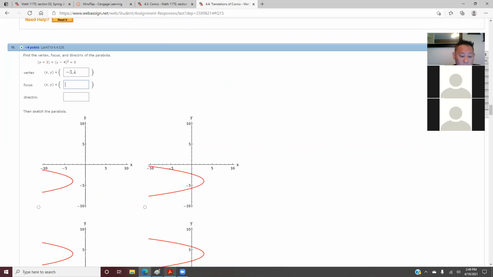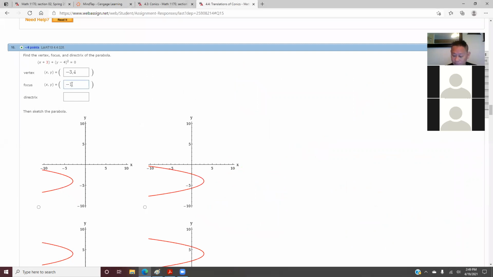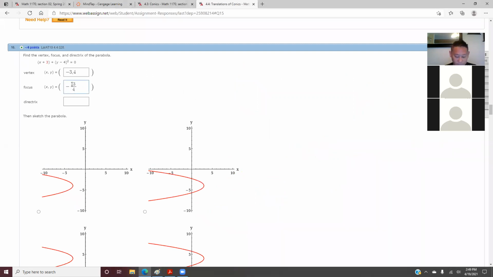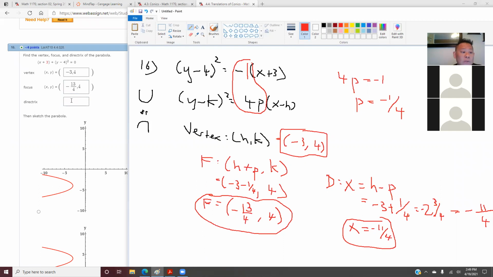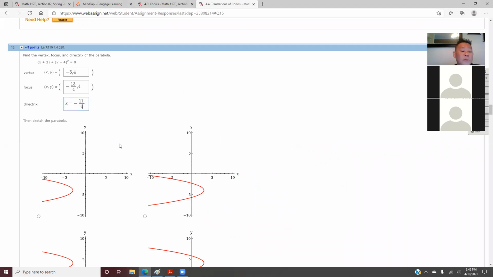Your focus point is (-13/4, 4). And your directrix is x equals -11 over 4. Don't forget you need x equals.